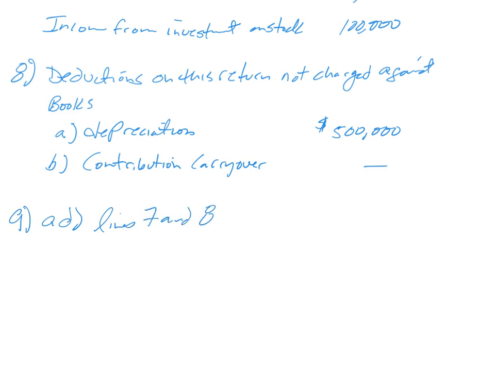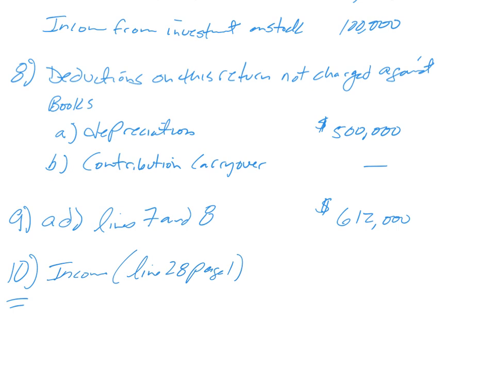So now we're just kind of totaling things up. And then line 10, this is very important. This is going to give you your income, and that's going to go on line 28, page 1 of your 1120, and that's just going to be equal to line 6 less line 9.